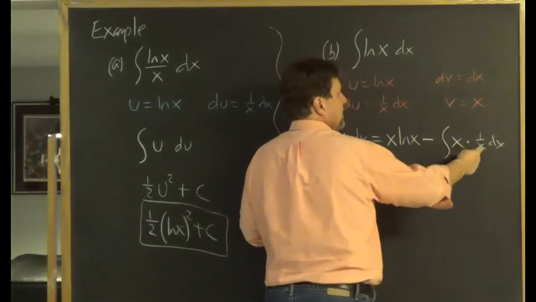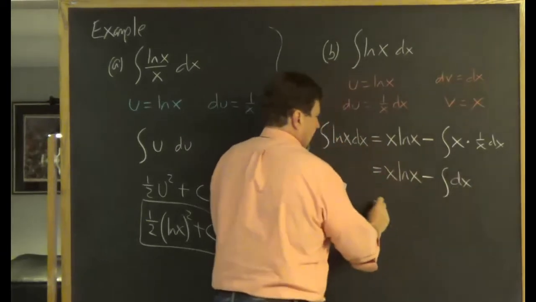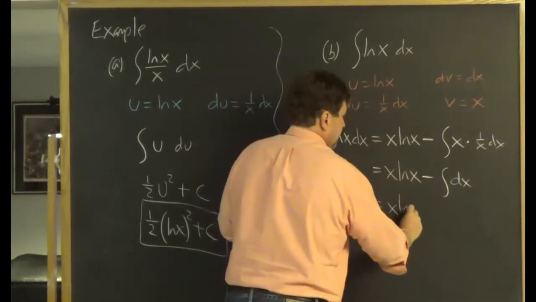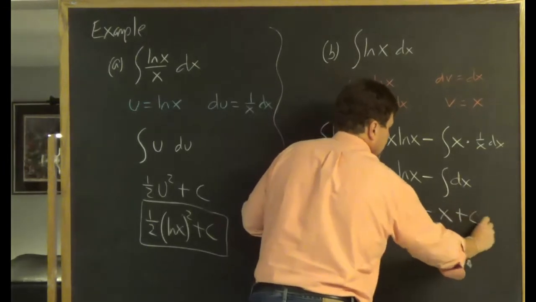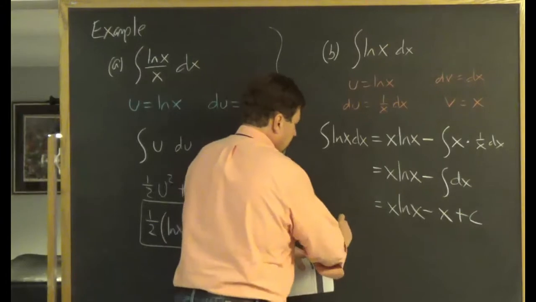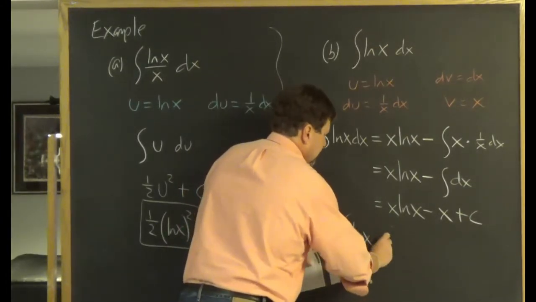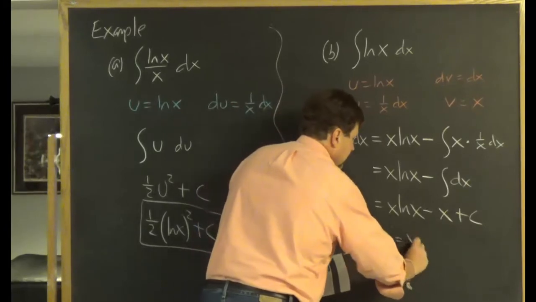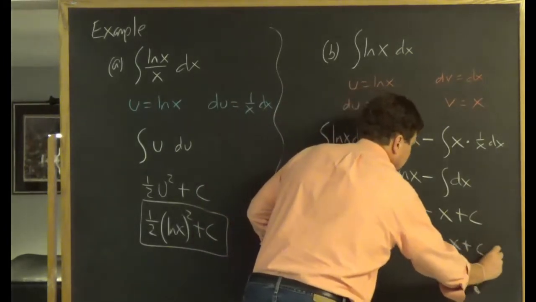Cleaning this up, x times 1 over x is just 1. And the antiderivative of 1 dx is just x. So that's it. So here's what you know. You now know that the antiderivative of ln x is x ln x minus x plus c.